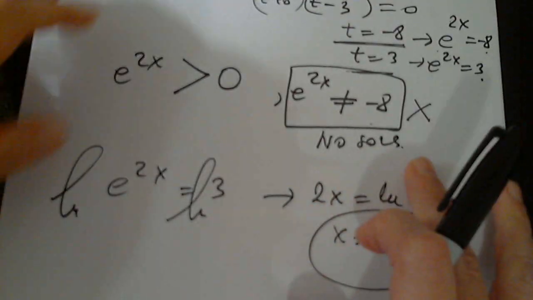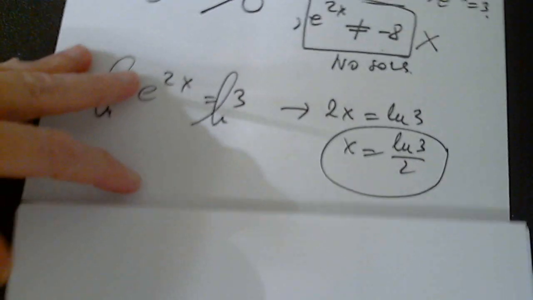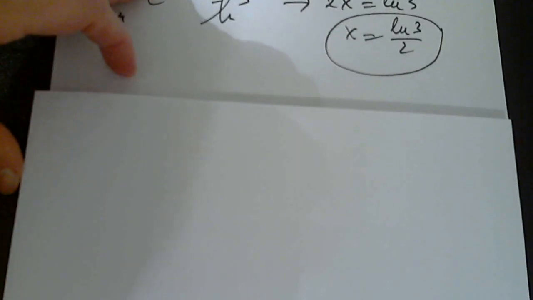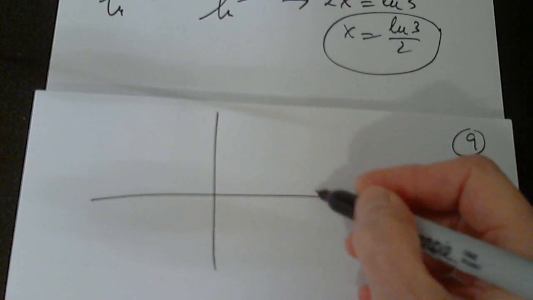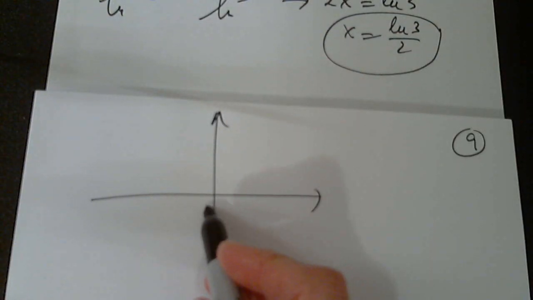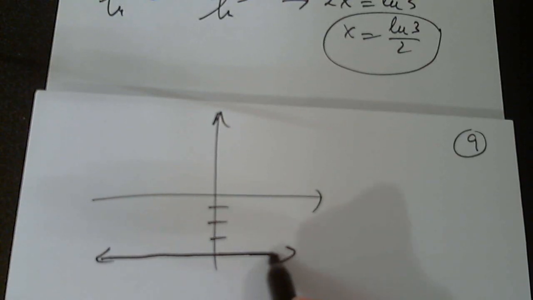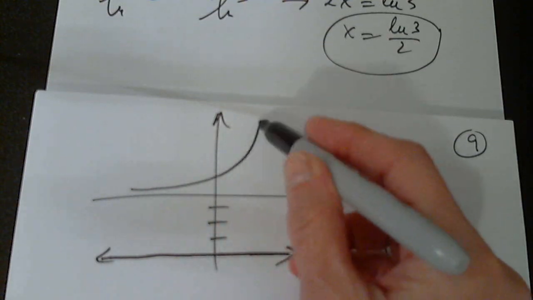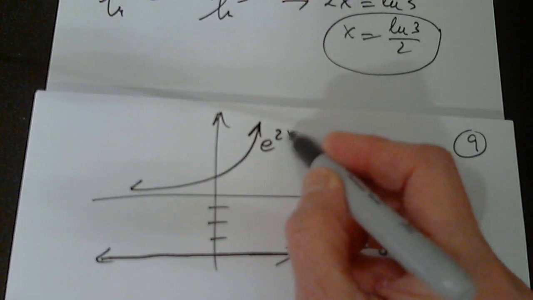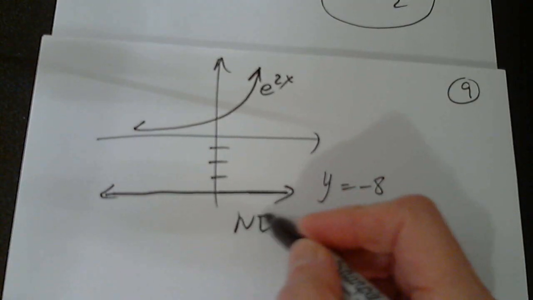Also, because e to 2x, one side is negative 8. So let me draw it. So this is y is negative 8, and this is e to 2x. Where do these two meet? And the answer is never.